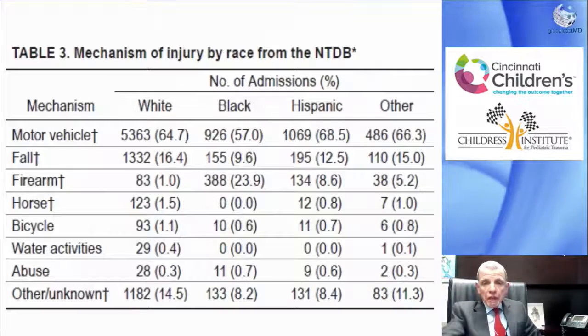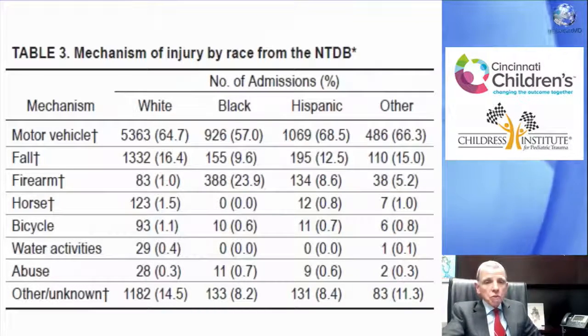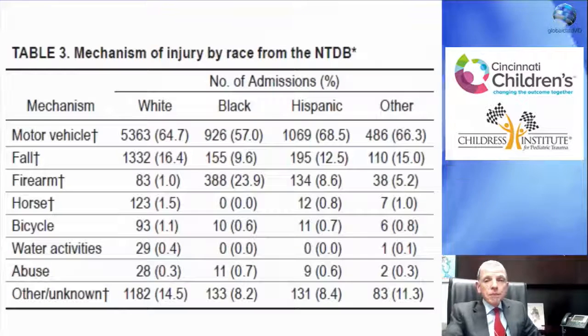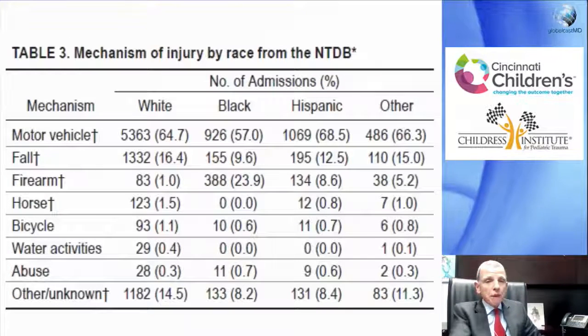And abuse, likewise, is higher in some racial groups than others, and activities associated with greater degrees of financial well-being give proportionate opportunities for spine injury.